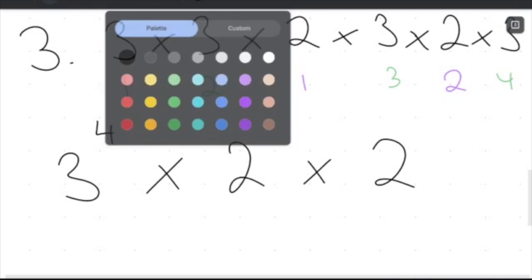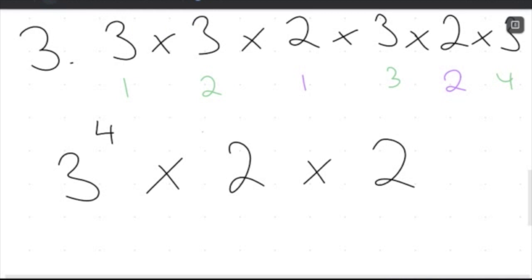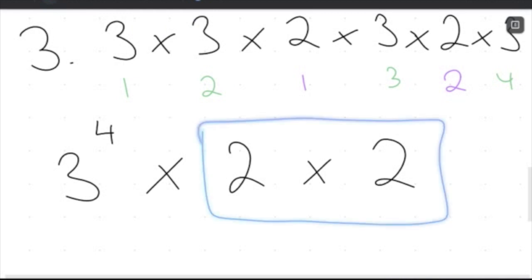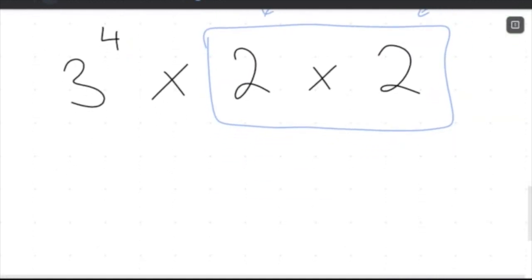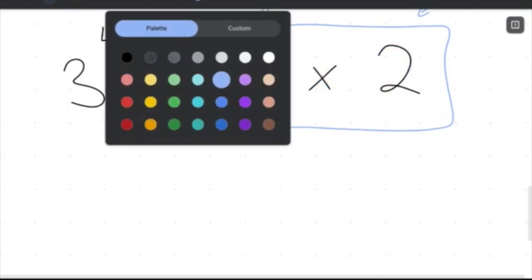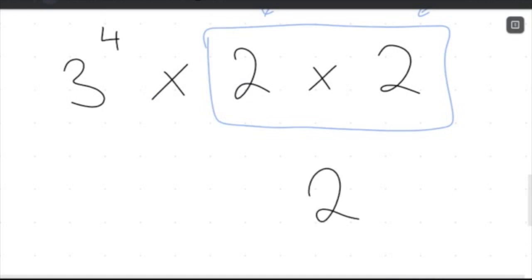And now this particular thing here, I can write in a shorthand way because I have 2 2's here. So let me write this particular thing here in a shorthand way. Well, I have my base of 2. And how many times is 2 multiplying by itself? Well, 2 times. So that's the power. I have 2 2's multiplying.